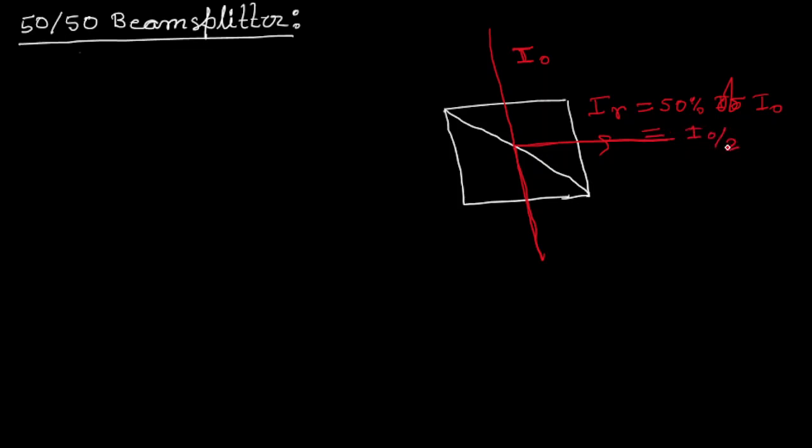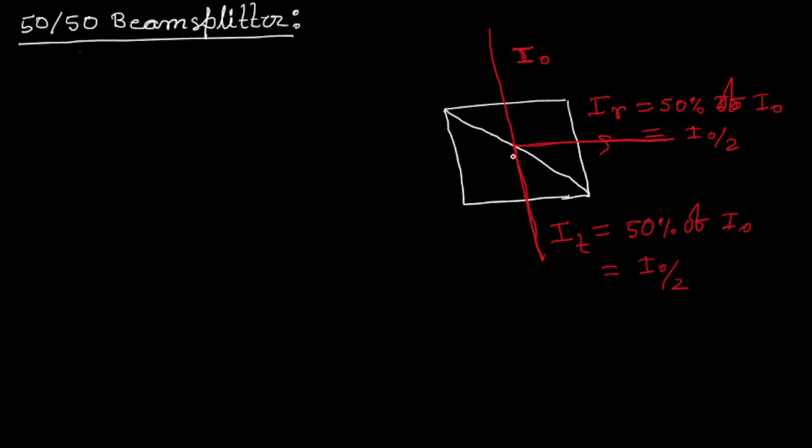That means whatever light is incident, half the amount of light will reflect from this beam splitter, and half the amount will be transmitted through it. So the intensity of the transmitted light will also be I naught divided by 2.